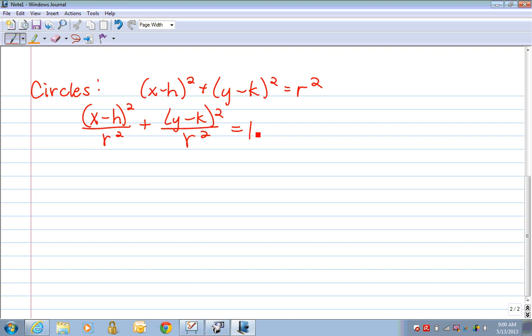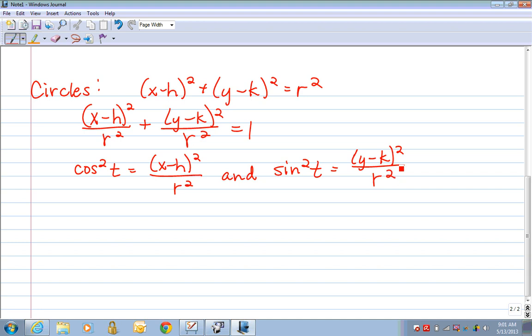And using the Pythagorean identity, if I compare and say cosine squared plus sine squared equals 1, then I see that cosine squared t would be equivalent to that first whole value, which is x minus h quantity squared over r squared, and the sine squared t is equivalent to the second portion of that equation, which is y minus k squared over r squared.